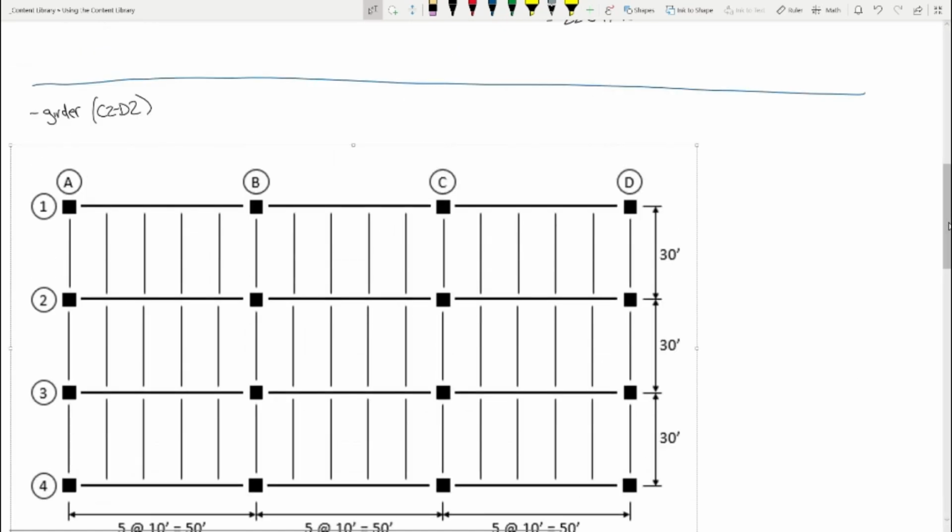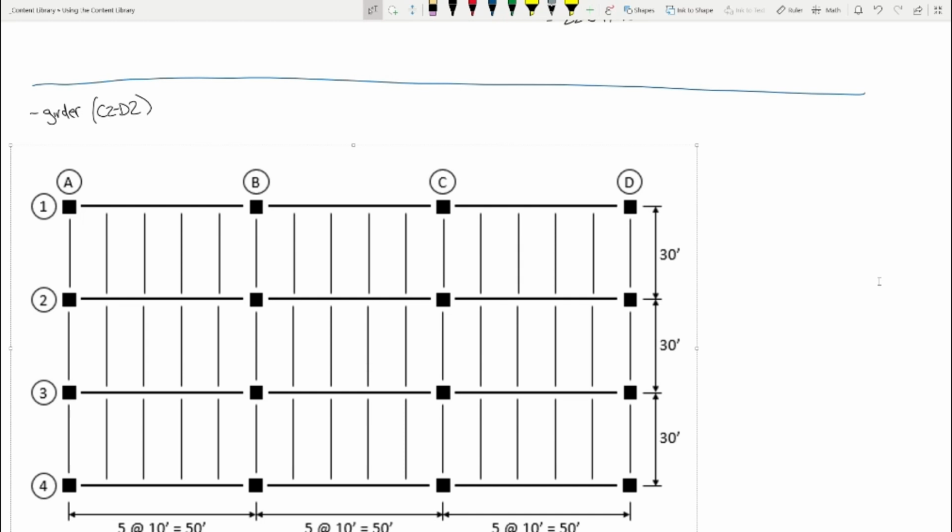No laughs. Okay, so girder C2D2. So what are we talking about? We're talking about this girder right here. So what's the tributary area look like for this girder? While we're not actually going to directly use that tributary area, I want to draw it because I want to make a point about it. Okay? What is it? Halfway up, halfway down?